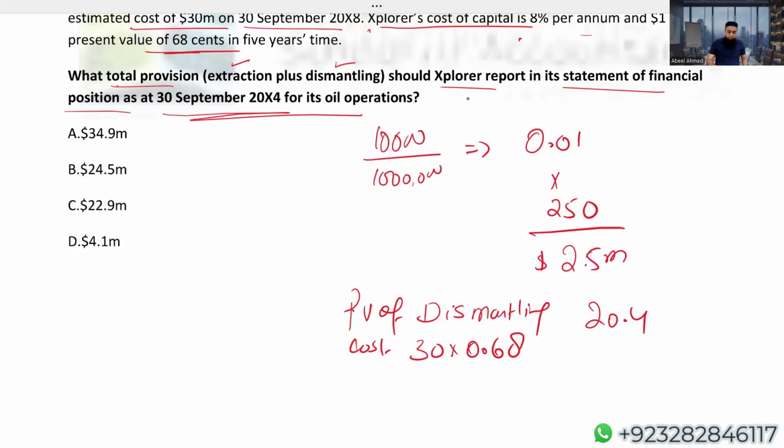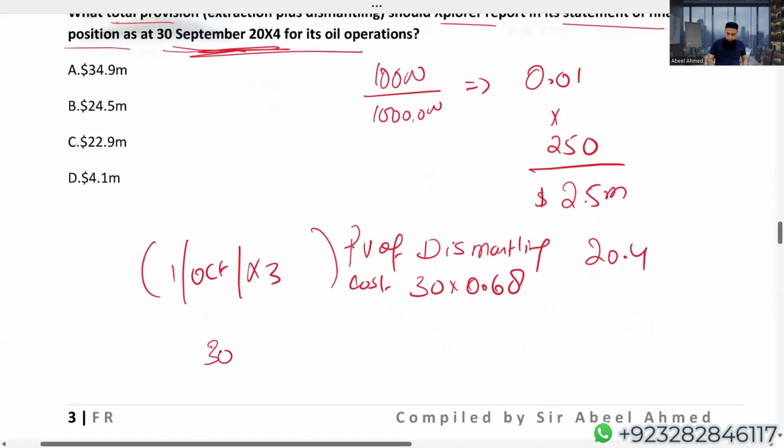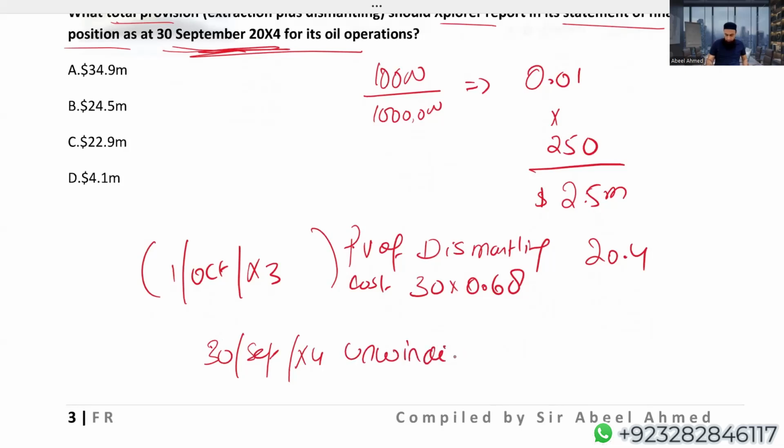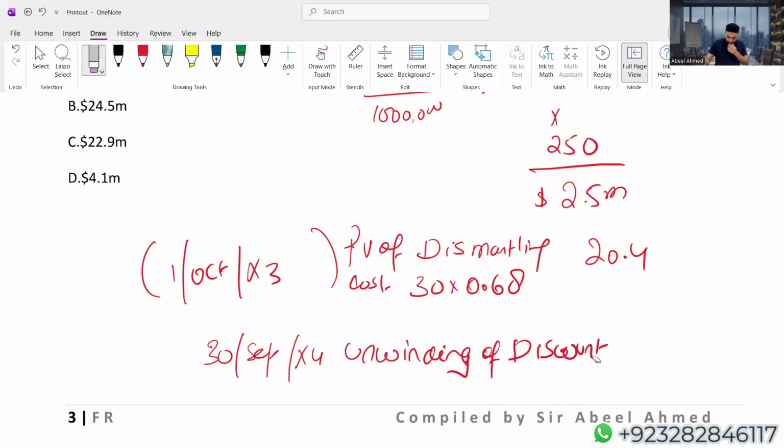But the examiner is asking us the total provision on 30th September X4, which means this is all happening from 1st October X3. By 30th September X4, due to unwinding of discount, the value of the provision for dismantling will increase. Unwinding of discount. Simply take, let me write this properly.